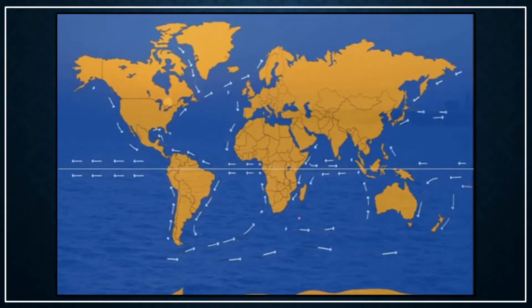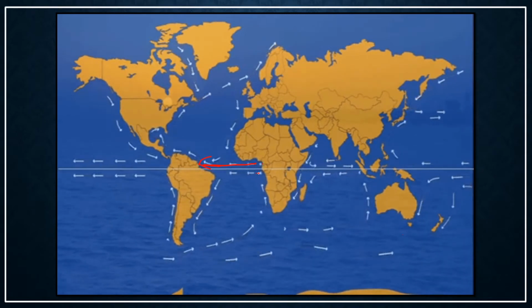Now, here in this map, you can see the movement of the currents. So, all those currents which are generated from the equator on either side are known as the equatorial current.